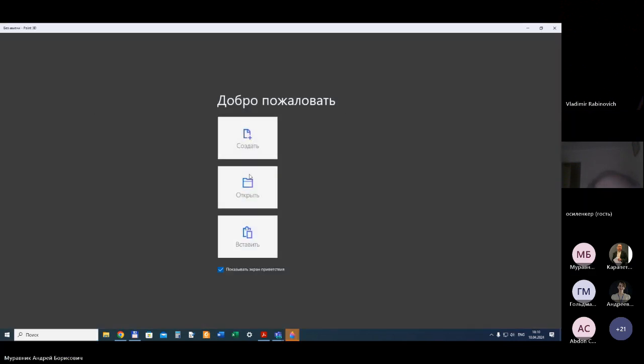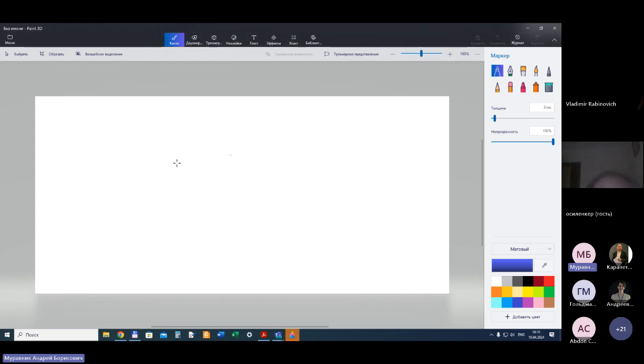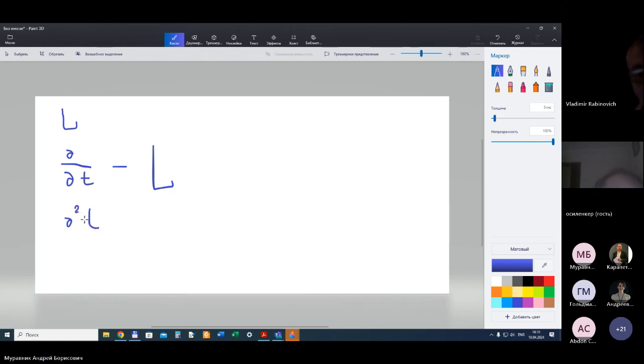Let this be a kind of blackboard. So if L is an elliptic differential difference operator, then it is natural to say that an operator of this kind is parabolic, and each operator of this kind is hyperbolic.